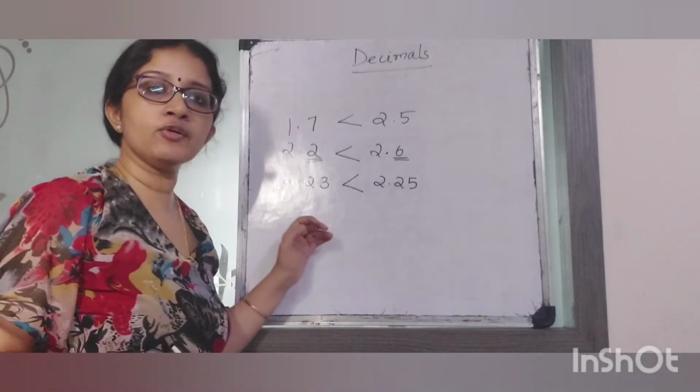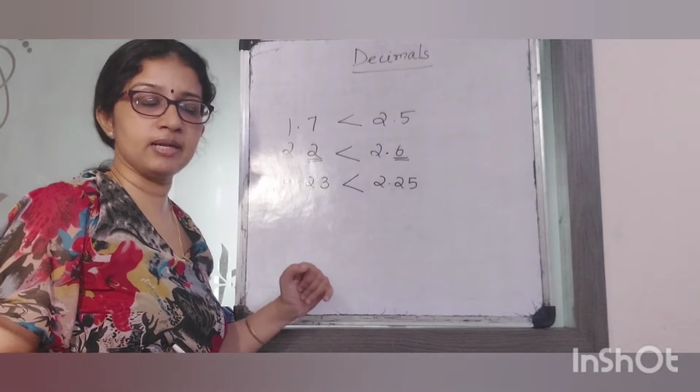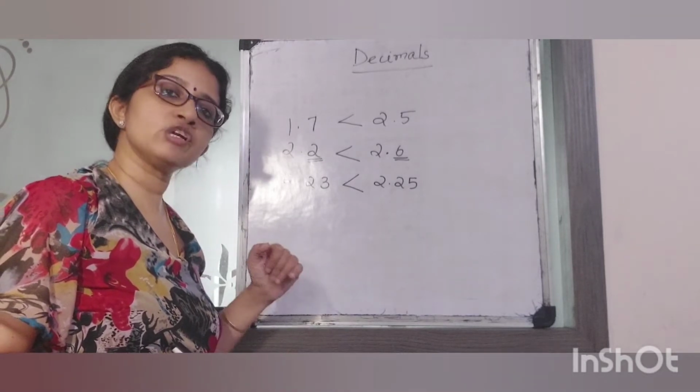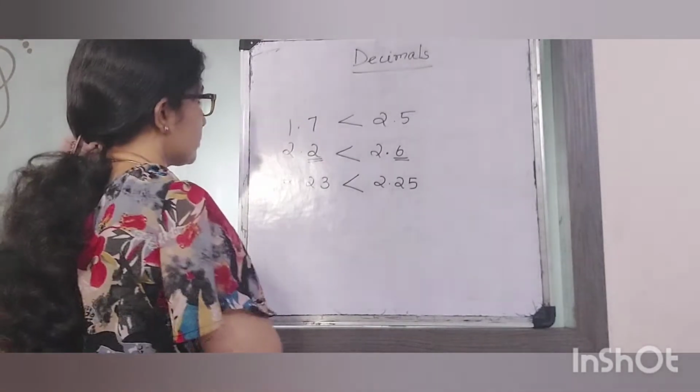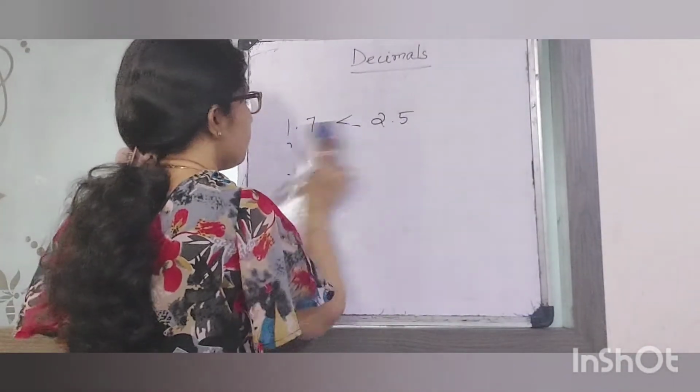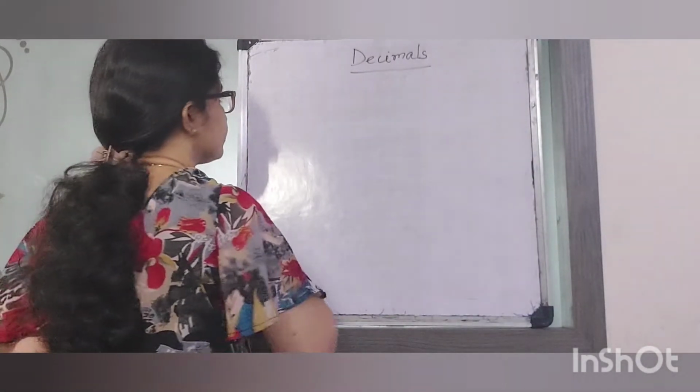Now we will go on to the next topic in decimals, that is multiplication and division of decimals. Okay. So first let us go on to the multiplication of decimals.